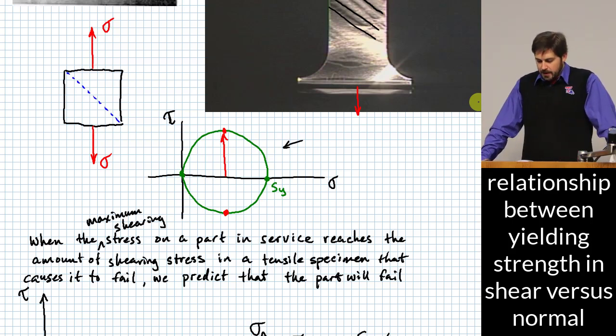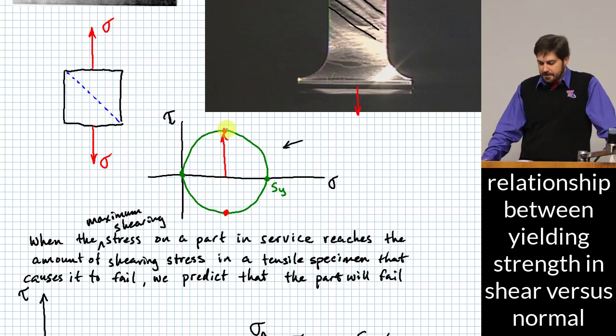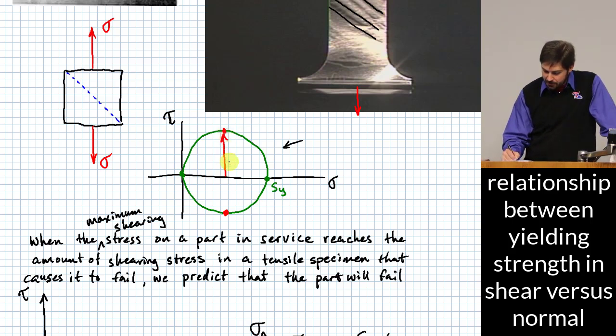This is the Mohr circle for our tensile specimen, at the amount of load right where it begins to yield. When that begins to happen, it develops a shearing stress in here that is going to be half of that strength. What you basically do is say, that's how much shear it takes to break this part.